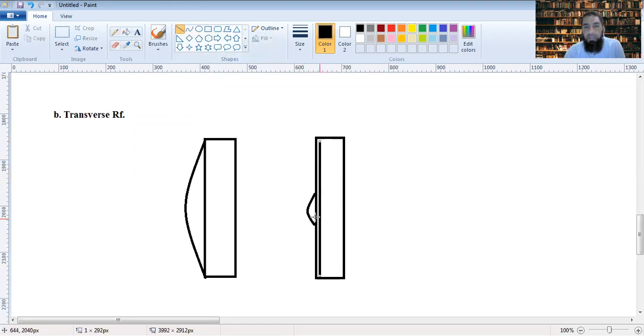If there is a longitudinal bar here, that may yield at this point. If that happens, there is a local buckling in the column. So transverse reinforcement also prevents local buckling. Another role is that it offers some amount of shear resistance.